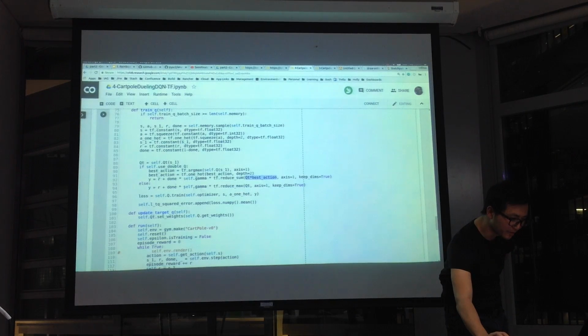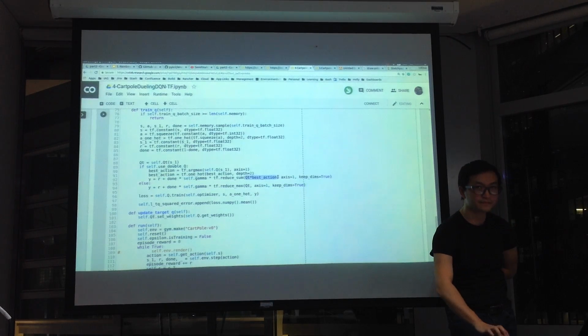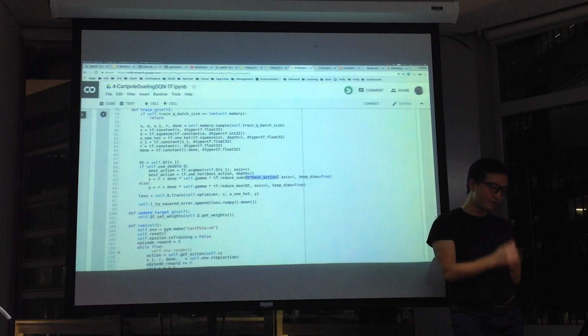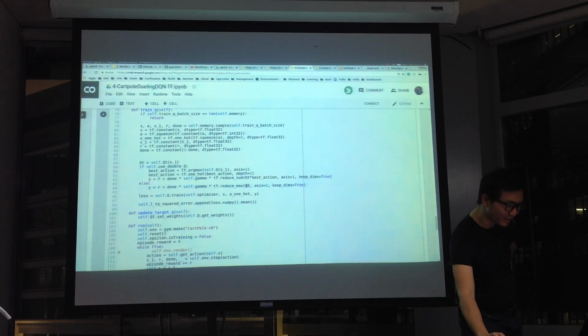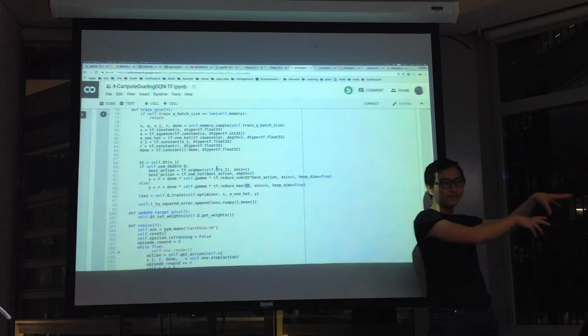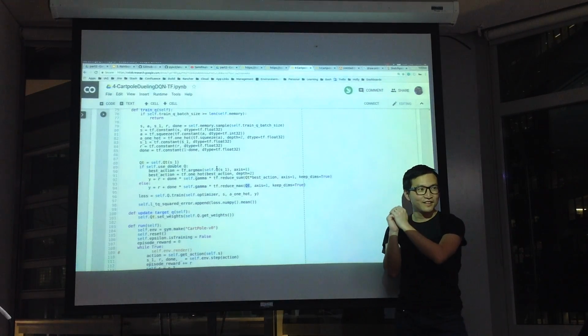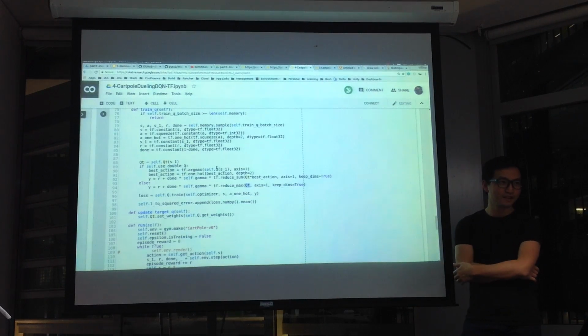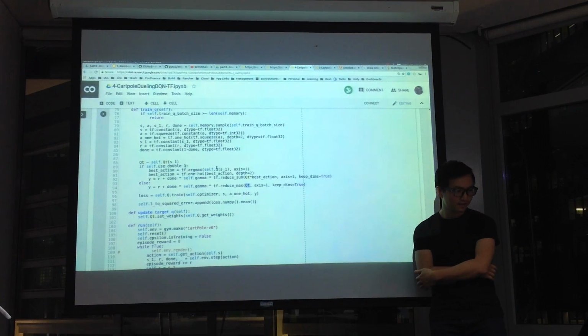So the difference between this and that is, one is choosing the maximum value out of Qt, and the other one actually uses another network for the action. So because you have two networks, I think I missed that part.